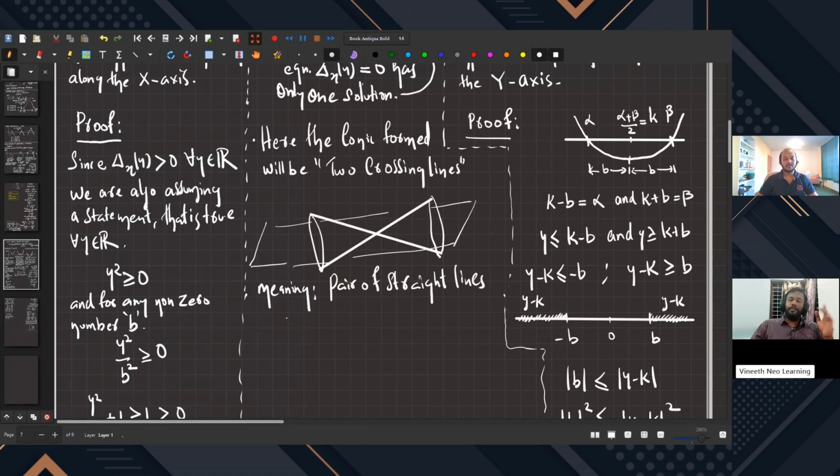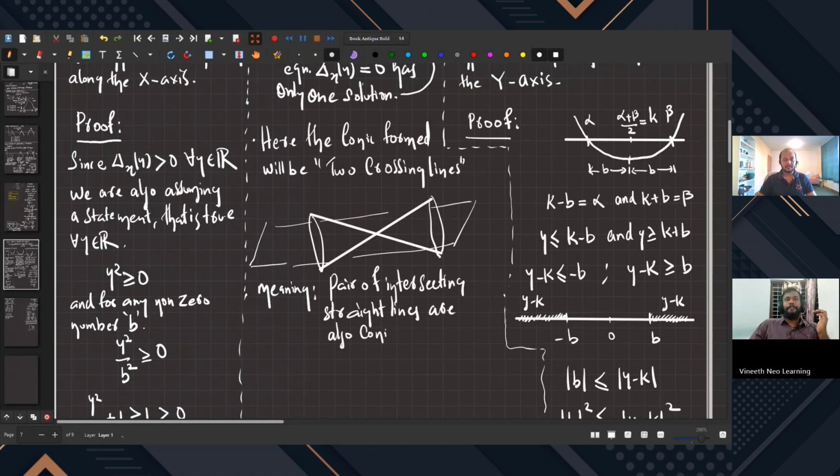Actually, a pair of intersecting straight lines are also conic sections.